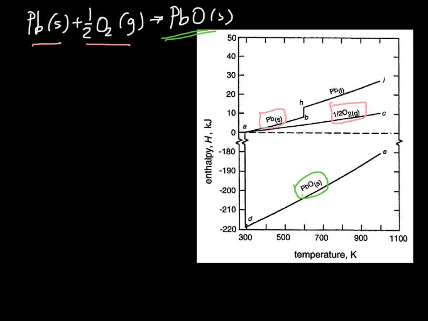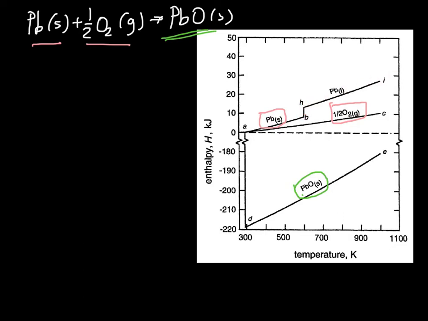And these vary with temperature basically as we saw before. So for the elements, these have an enthalpy of 0 at 298 K, and they increase according to the heat capacity, right? With lead, we see this step right here. This is the enthalpy of melting. So this is lead solid and lead liquid.